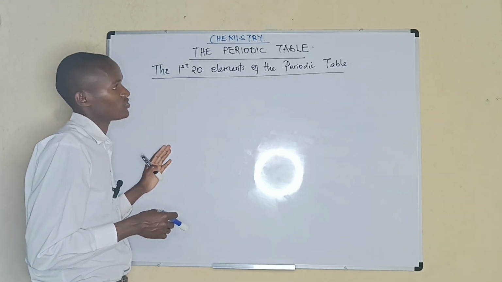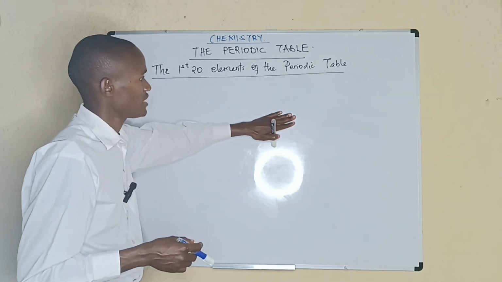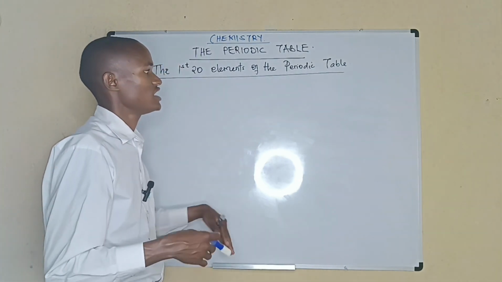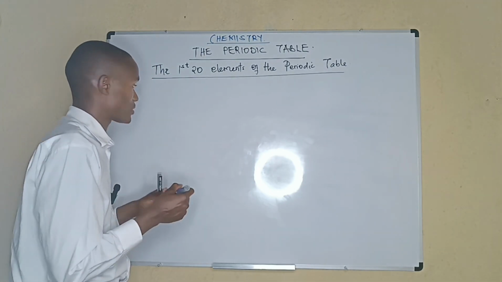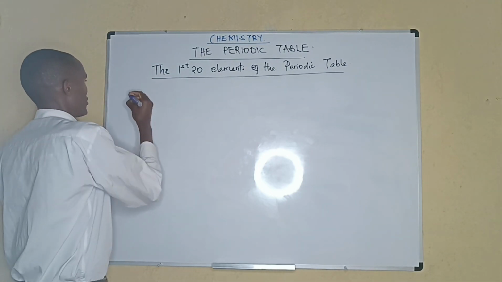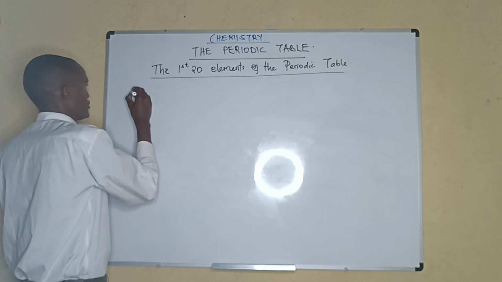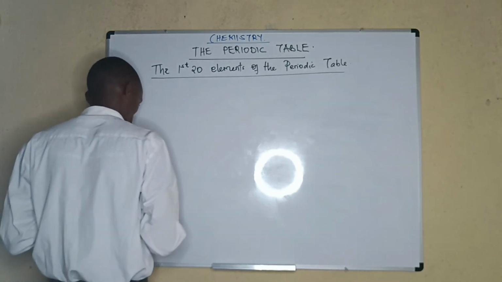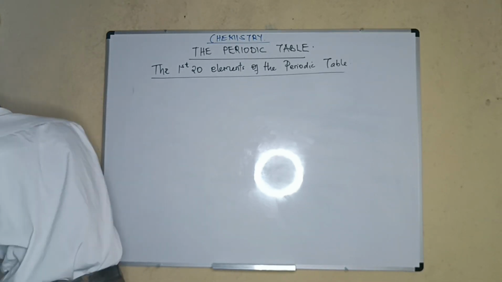I decided not to do this off the camera so that we can do it together. I named the first 20 elements and then together we'll name the chemical symbols. So I'll write here number 1 to number 20.